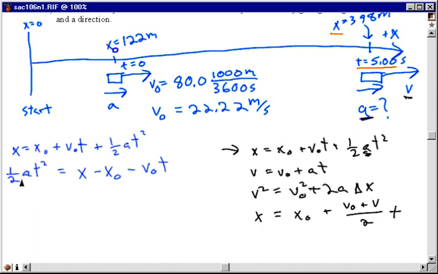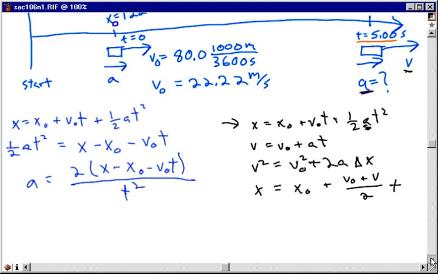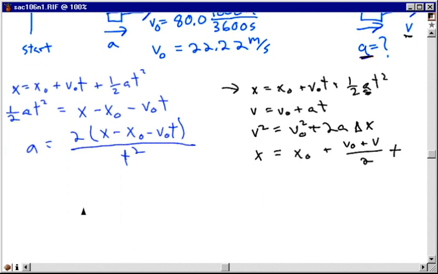And I'll multiply both sides by 2 and divide both sides by t squared at the same time. So I've got a equals 2 times x minus x0 minus v0t, all divided by t squared. So I can just go ahead and substitute the values at this point.